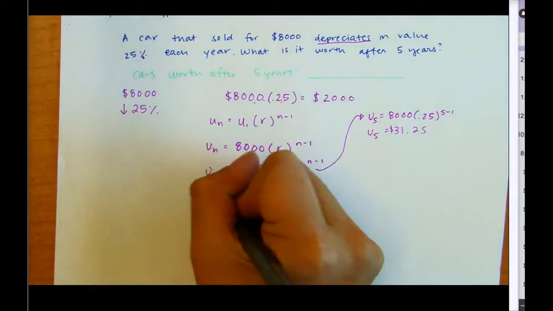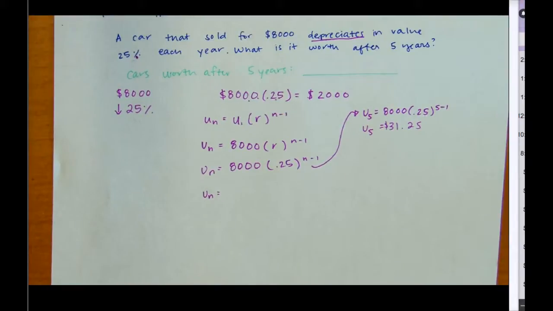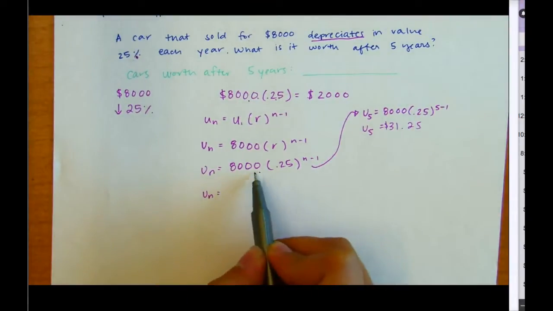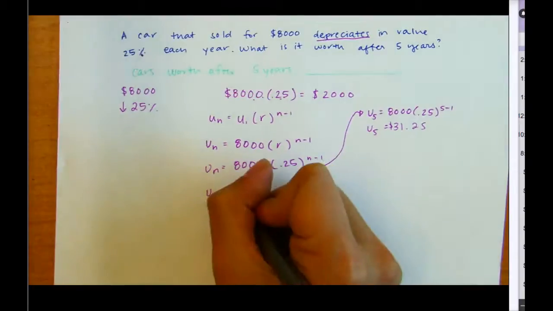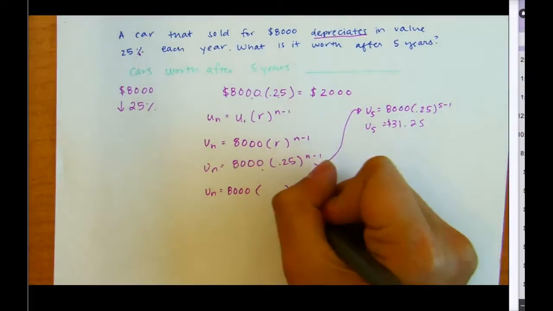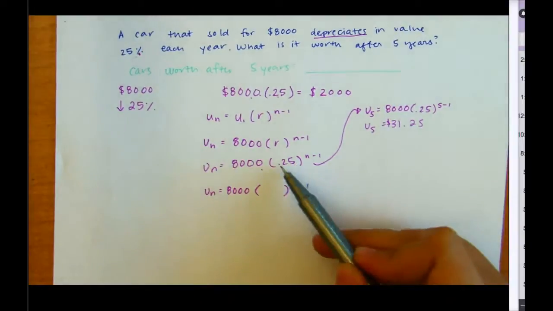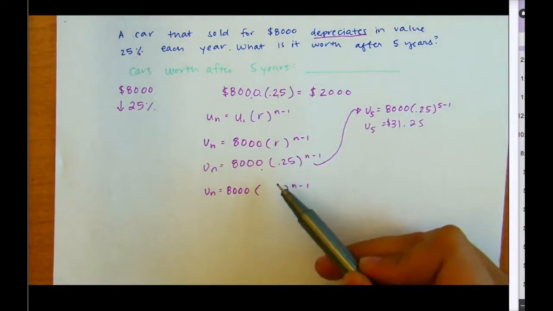U sub n equals, I know that my first term is 8,000. That's something that I know for sure. What I'm unsure of is my ratio. I know it has to do with 0.25, but it's not going to be 0.25.